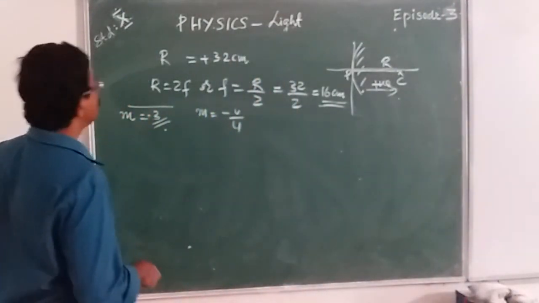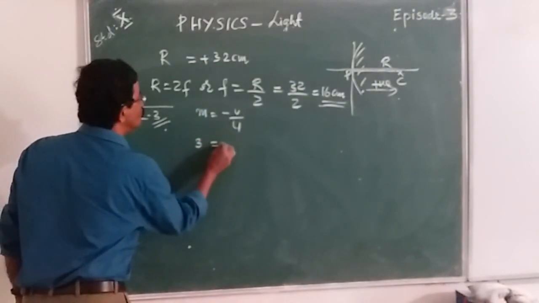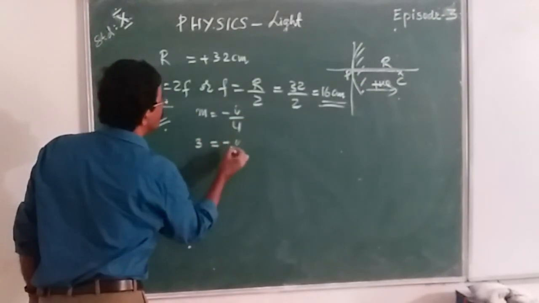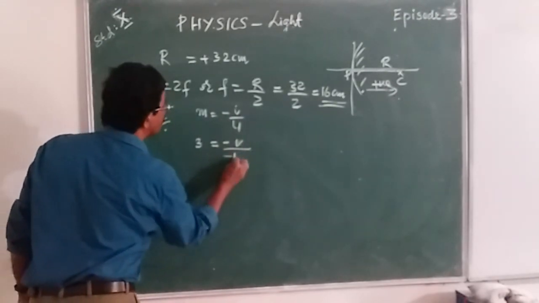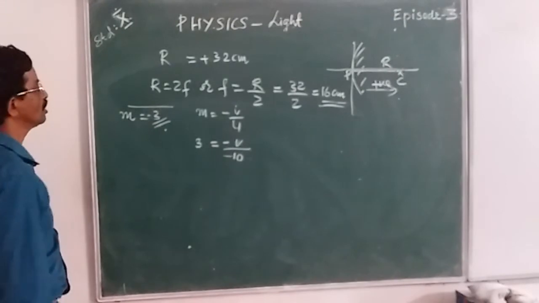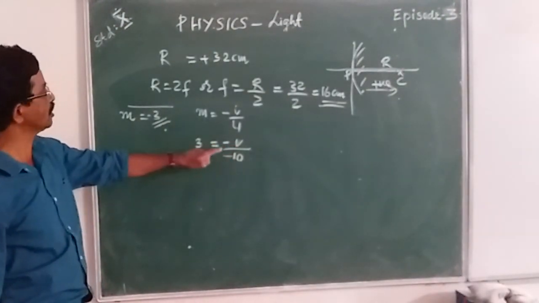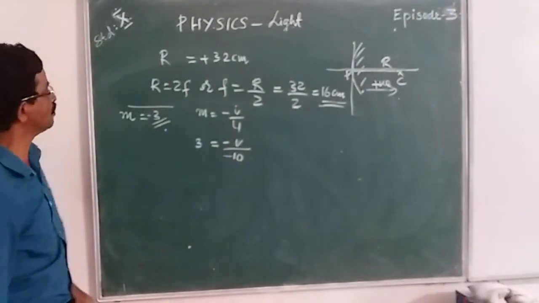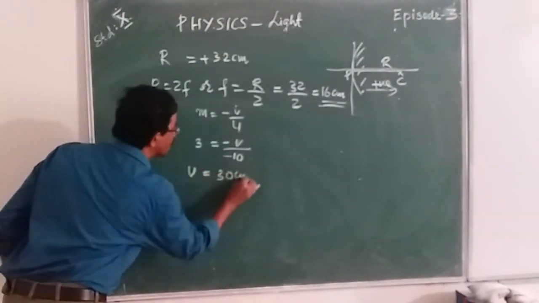So M we can take as 3 is equal to minus v by u. u is equal to minus 10. So v is equal to, from this minus of minus, we get v is equal to 30 centimeter.